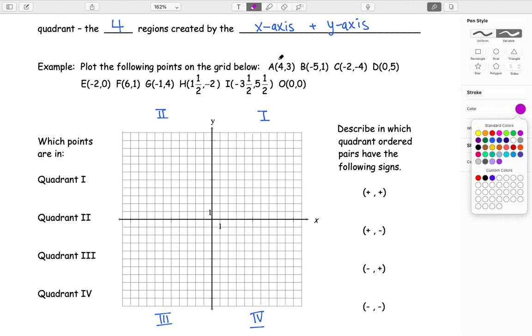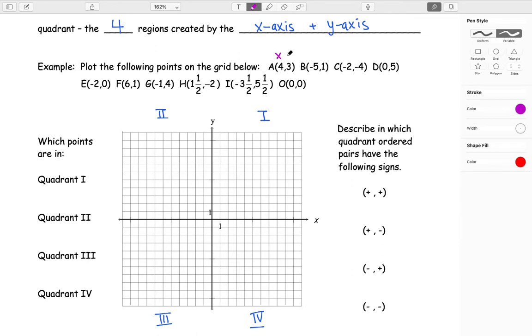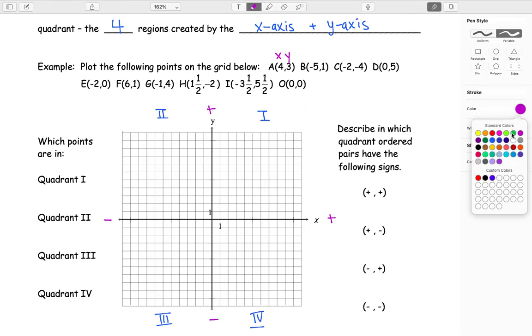What that means is that the first number is x and the second is y. On the x-axis, I have to move 4 units to the right because this is the positive direction. Going up is also positive, but going to the left is negative, and going down is also negative. So for (4, 3), I move 4 steps on the x-axis, and then I go up 3 steps.